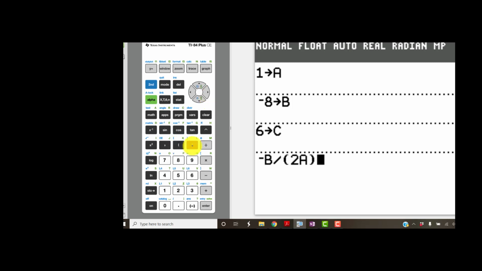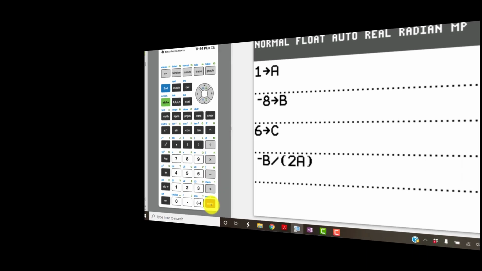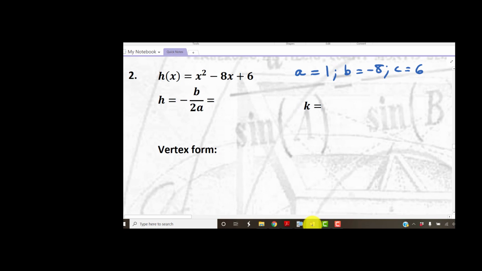You must have the parenthesis, okay? So what is that? That's 4. So let's go back to this and write, well, this is just 4, okay? So now k is just h, I call the function h, right? h of negative b over 2a, which means h of 4.